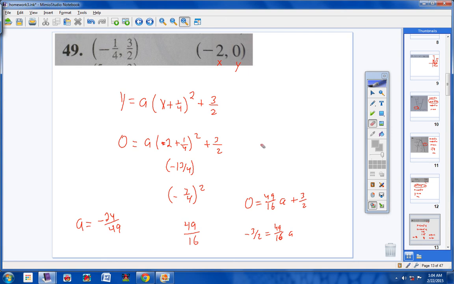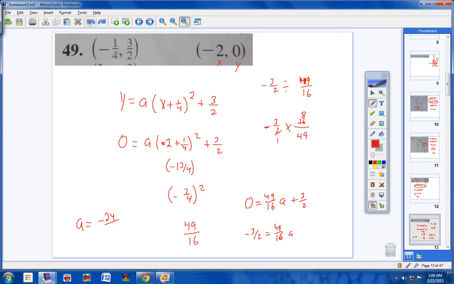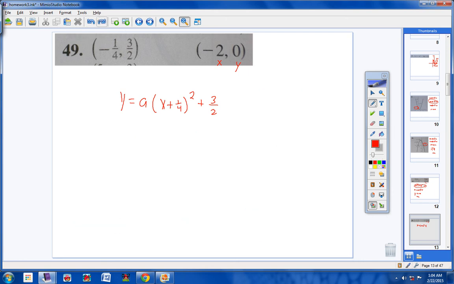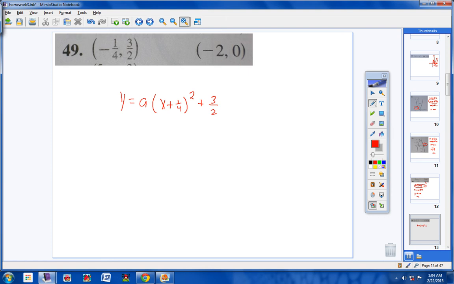So I'm going to erase all of this, and now, but here's the problem with getting old. I forget what I had. I had negative 24 over 49. Okay, negative 24 over 49. So, let's grab this, slide it over here.